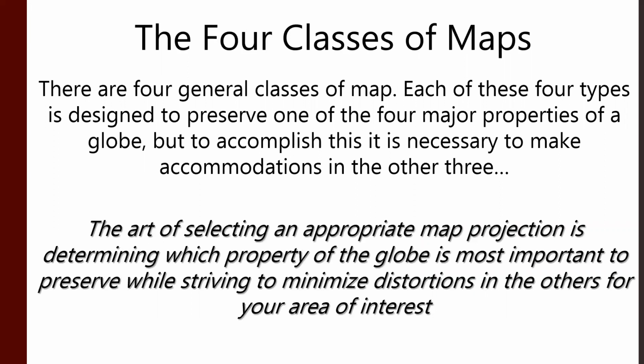Well, these classes of maps preserve some of these globe aspects while distorting the other ones, and making that decision is part of the art and function of cartography. And therefore, part of that is the art and function of doing GIS. It is less of a problem on smaller areas, and it is more of a problem in bigger ones.